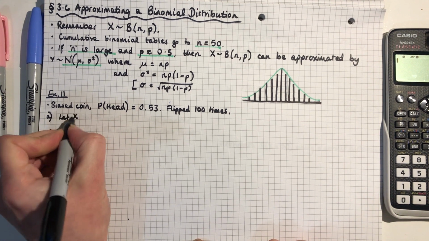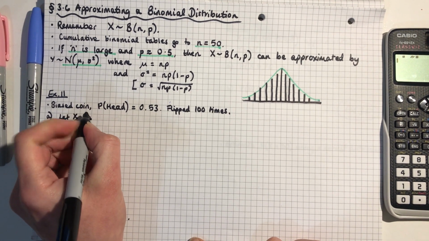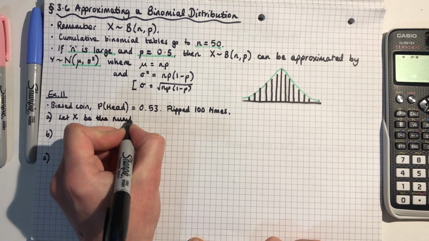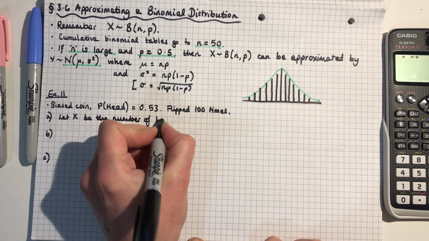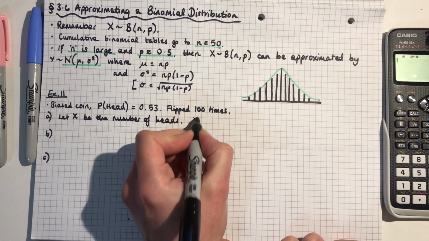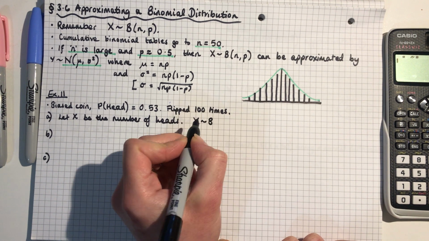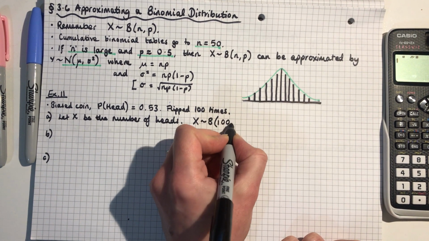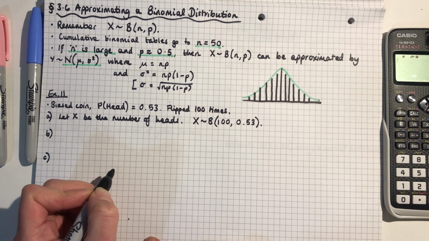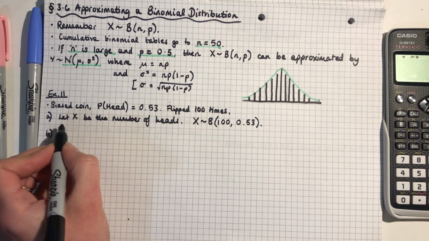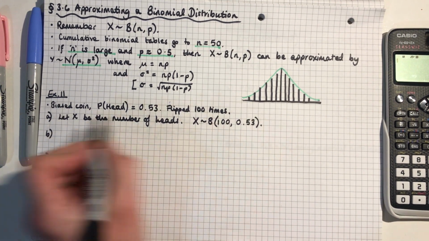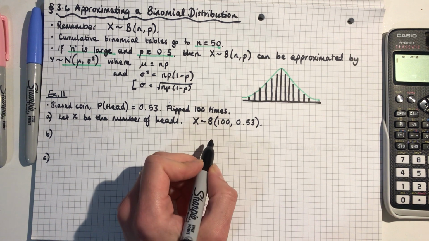We'll say let x be the number of heads, which means that we're saying that x will fit a binomial distribution with 100 trials and the probability of success each time as 0.53. So part A, which asks us to write down a binomial model for this test, is that, defining x and writing down its distribution.